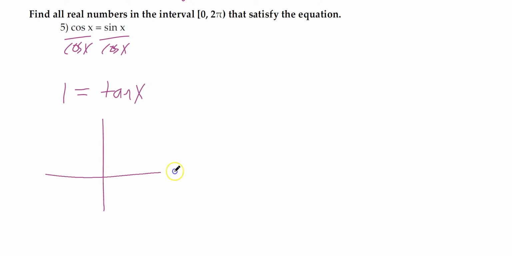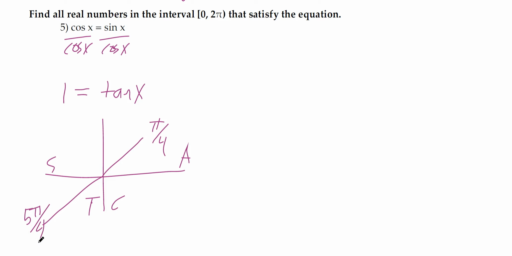Now, where does tangent equal 1? That's at pi fourths. All students take calculus, also 5 pi fourths. Those would be the answers. So x equals pi fourths and 5 pi fourths.